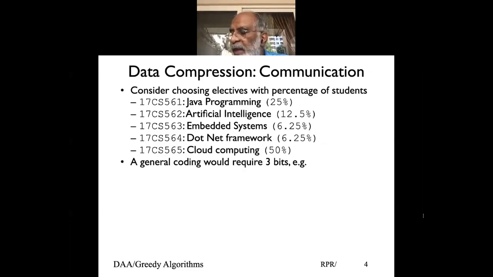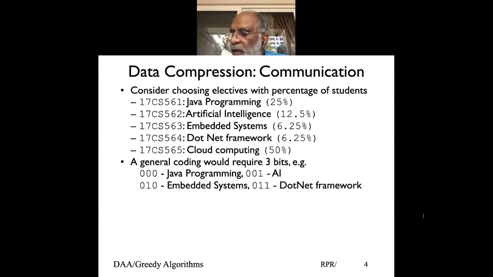So I can say 000 for Java programming, 001 for AI, 010 for embedded systems, 011 for .NET, and 100 for cloud computing. The other 3 codes, which are 101, 110, and 111, are not used.